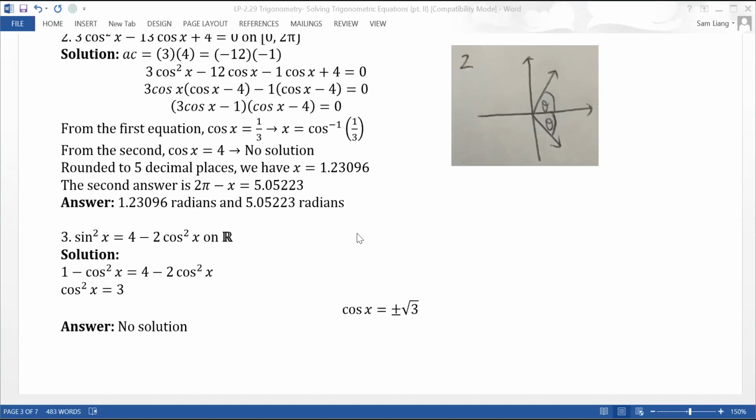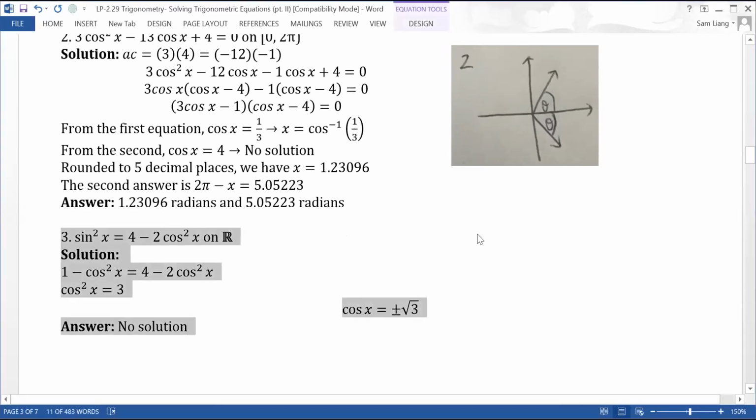All right, anyone still need this? Question 3. All right. If not, move on to the homework questions.